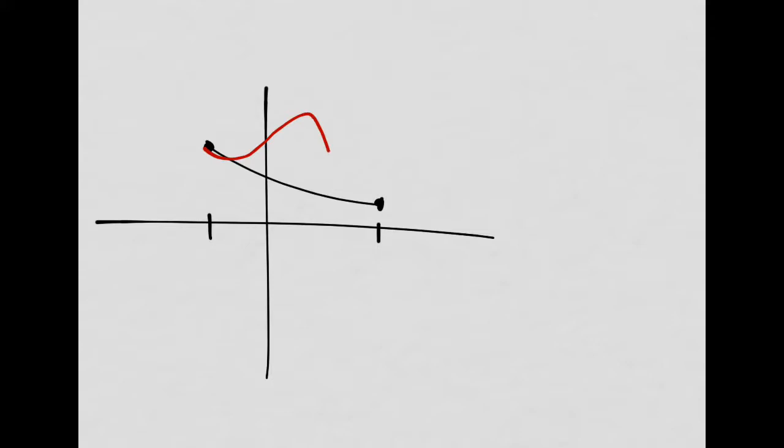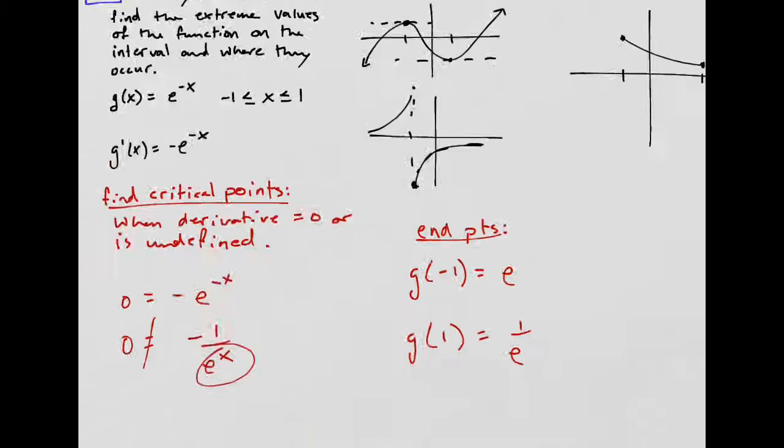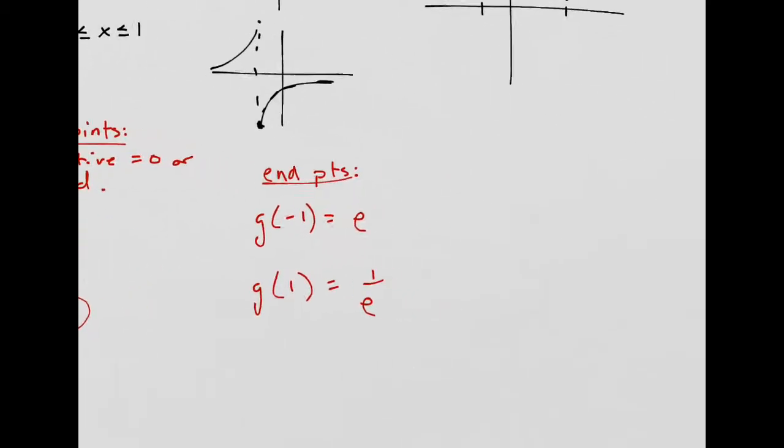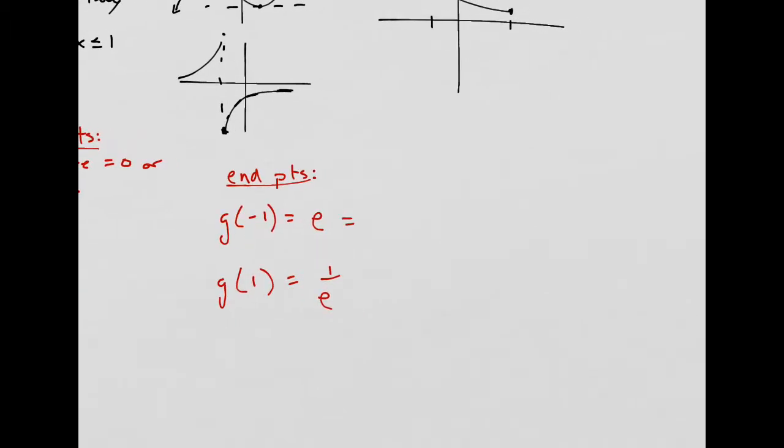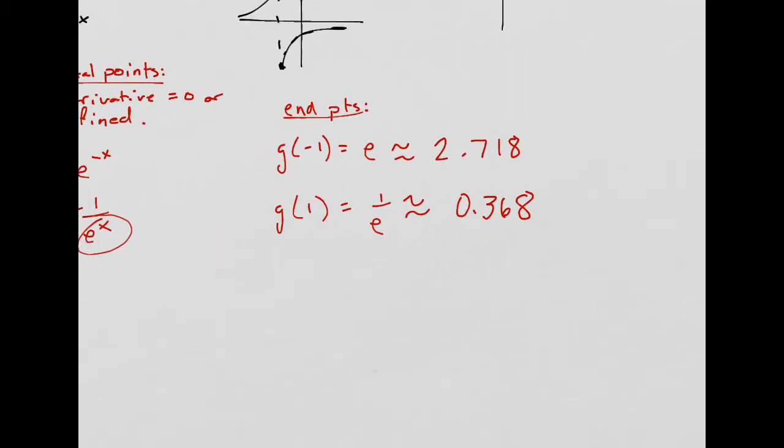If there was a fluctuation in between, like it went up and then went back down, I would get 2 relative extrema. And I didn't get that when I set the derivative equal to 0. So I would probably write them out or approximate them with decimal approximations. So those are the values.